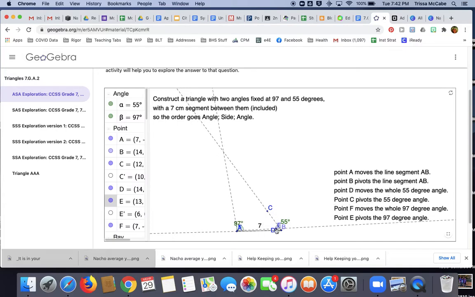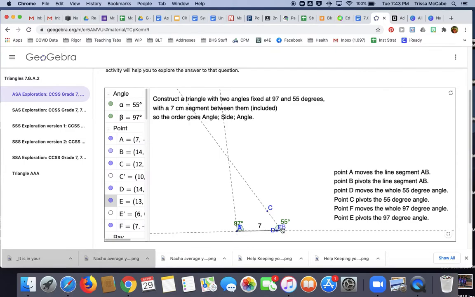And we'll put it over here so that it aligns. And voila, here we have our triangle. We've got a 97-degree angle, a 7 centimeter base, and a 55-degree angle on this side. And you can see that it does make a perfect triangle that is unique.